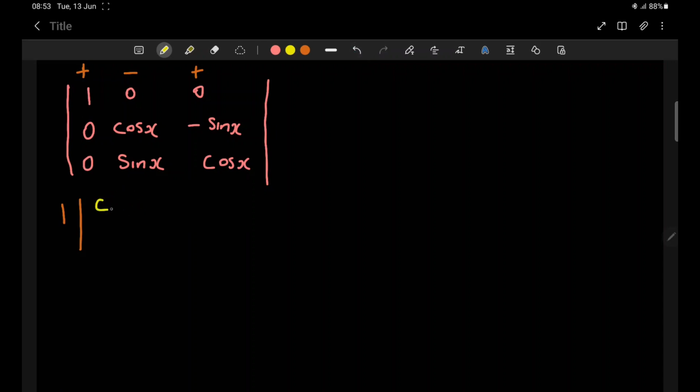What will be left is cos x, sin x, minus sin x, cos x, like that. Okay, then we're on the middle element.